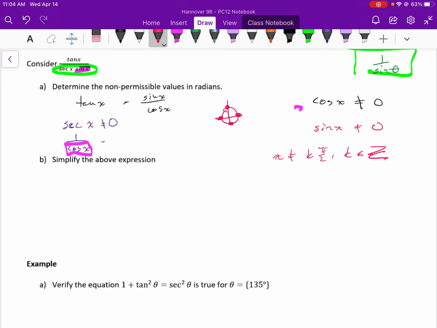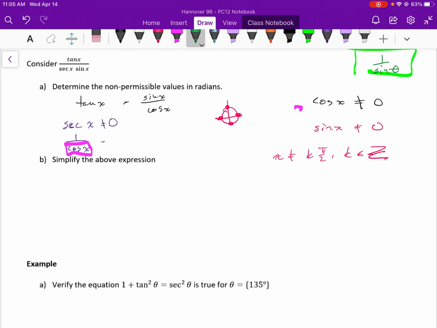So now I'm going to simplify the above expression. Now notice this is an expression and not an equation. But in trigonometric identities, we treat each side of the equation independently, so we only work with expressions. So quickly in your head, tan x divided by secant x sine x is, I don't know.